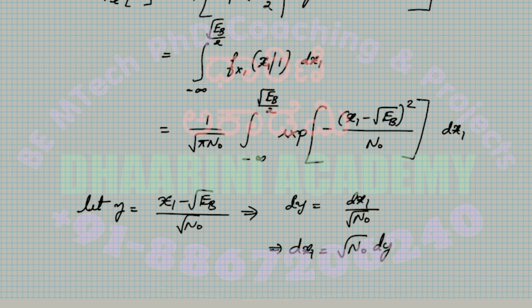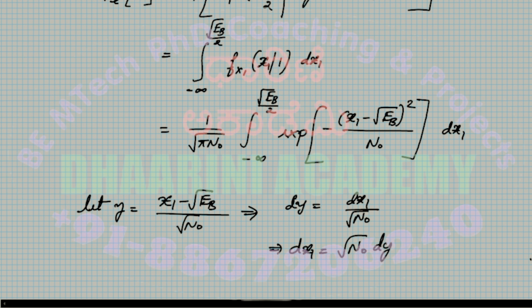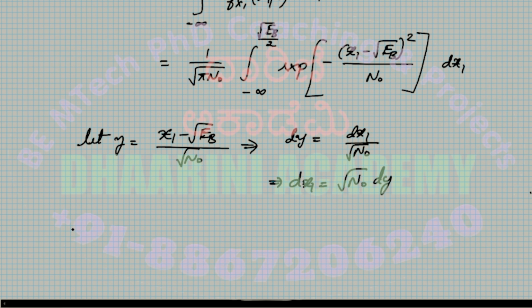So let's try to substitute. When x1 is minus infinity, y is also going to be minus infinity, because minus infinity minus root Eb by root N naught doesn't make any change, correct? So when x1 is equal to minus infinity, y will also be minus infinity.